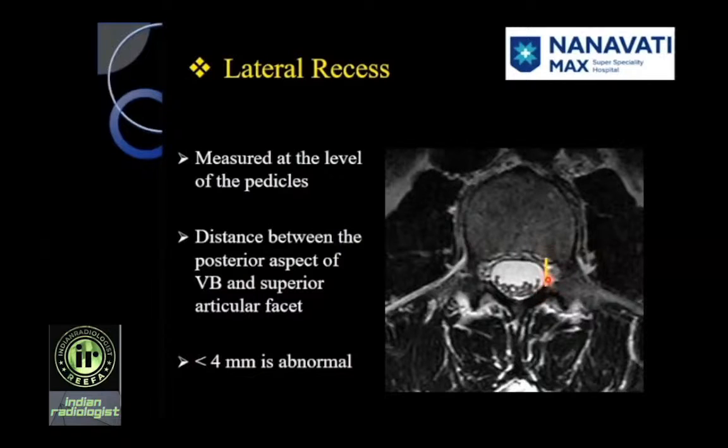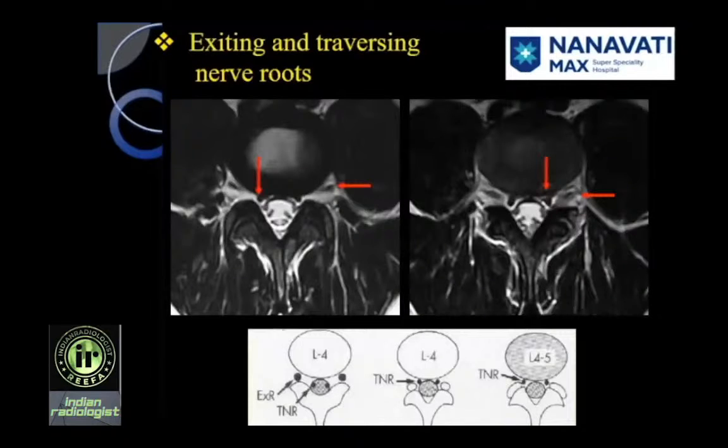This distance is measured just outside the margin of the thecal sac at the level of undersurface of pedicle. Anything less than 4 millimeters at this juncture is abnormal. When you have a diameter of 2 or 3 millimeters, it will be called lateral recess stenosis. 4 or more, normal.